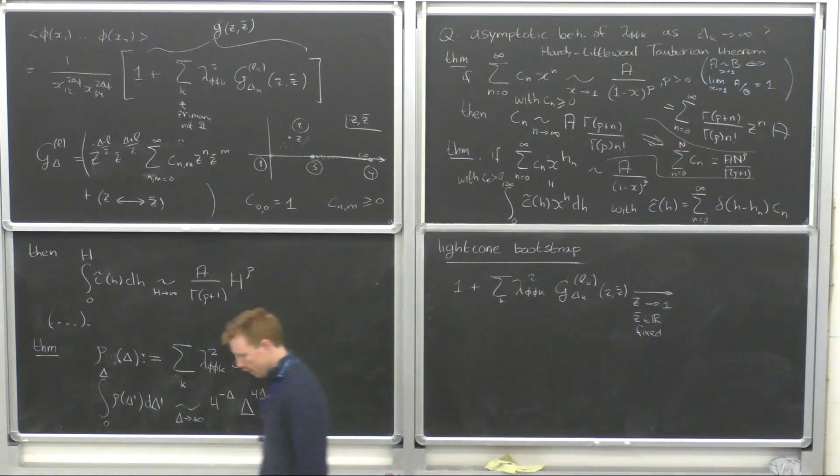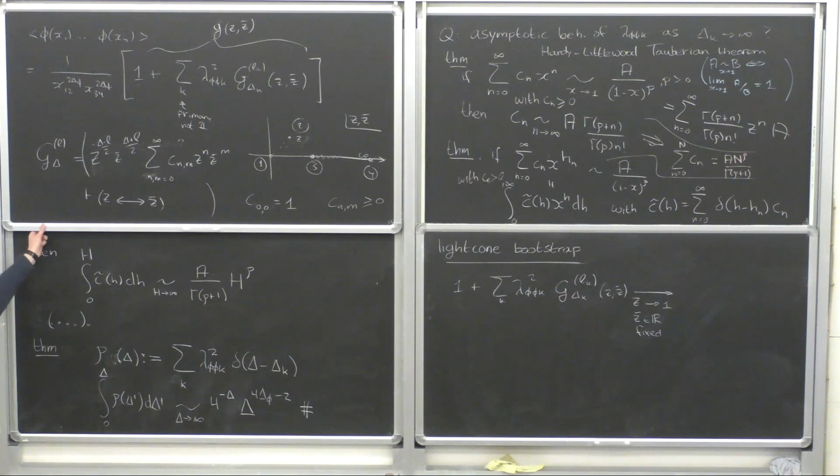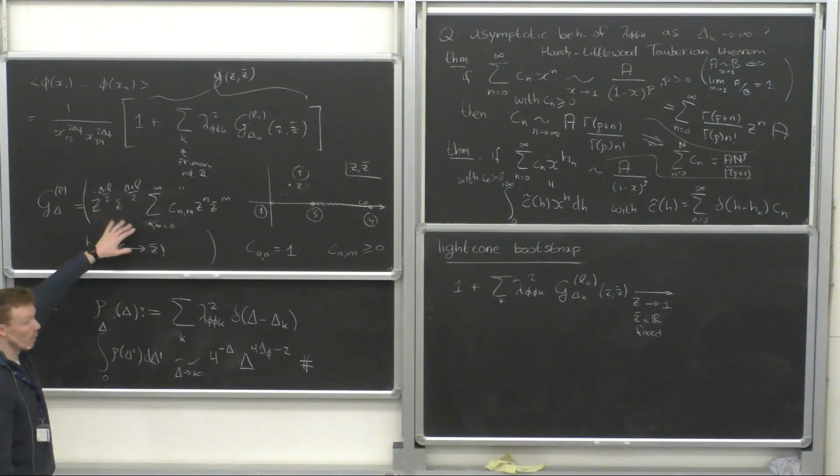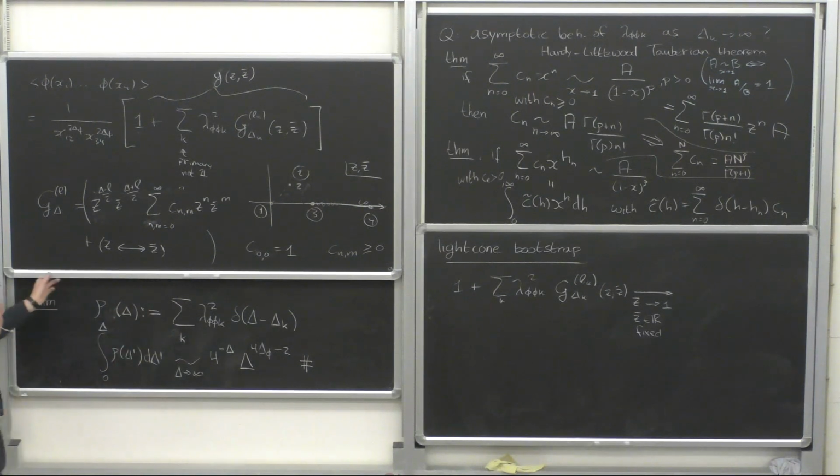As I said, you don't need to take z bar to be the complex conjugate of z. It amounts to going basically to Lorentzian time. That's why this is called the light cone bootstrap.